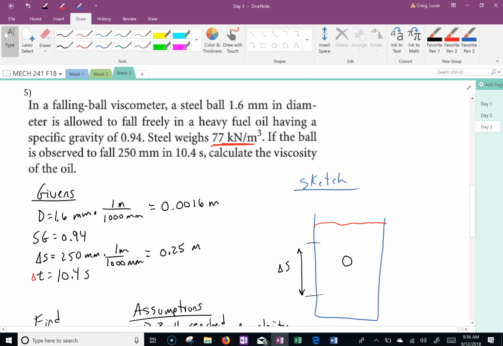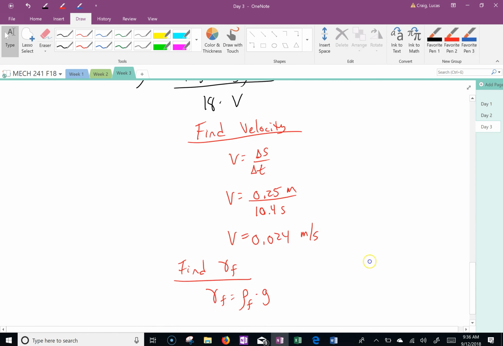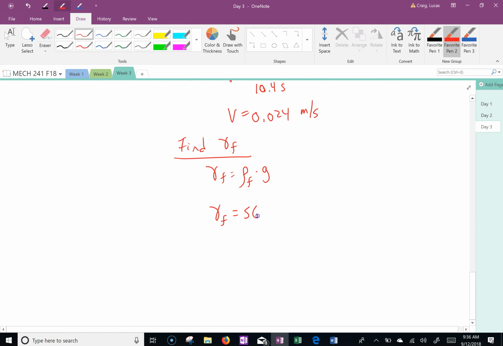So you multiply by 1,000, and that'll give you your density of the water. So Sg times density of water, that'll give us our gamma F. Okay, so this was 0.94 times 1,000 kilograms per meter cubed, right? Times 9.81 meters per second squared. And you get 9221.4.